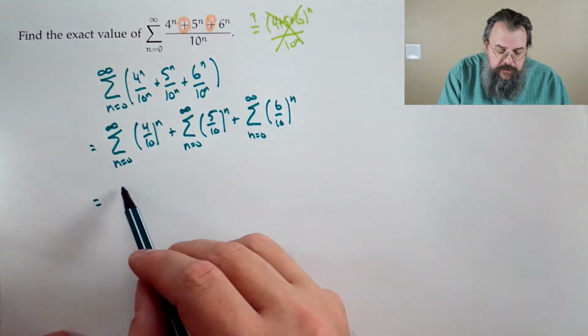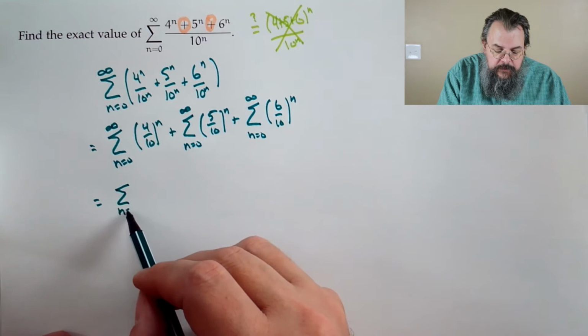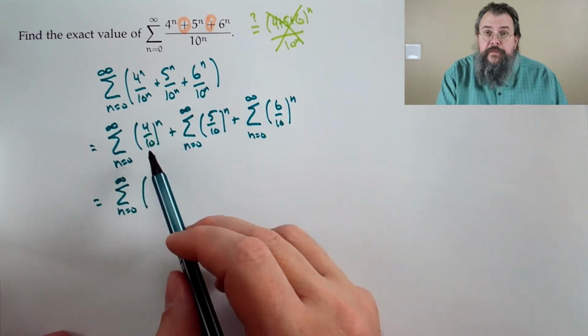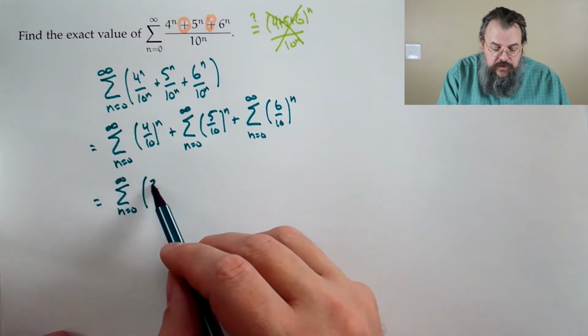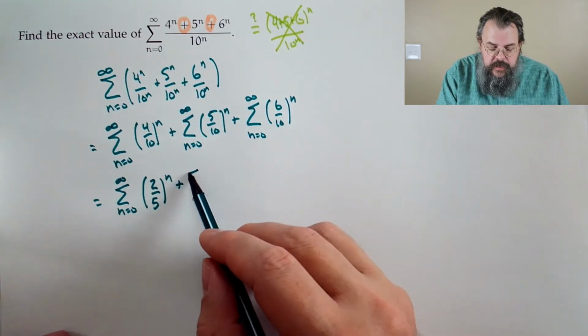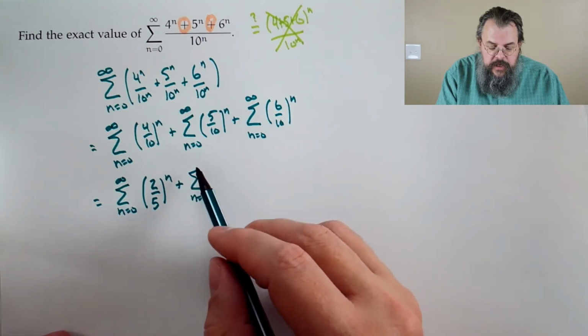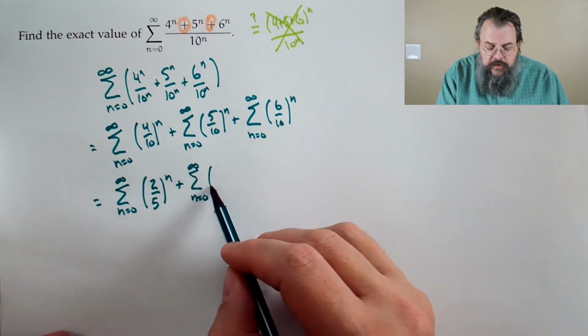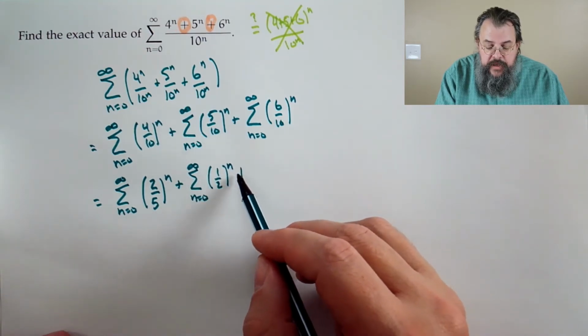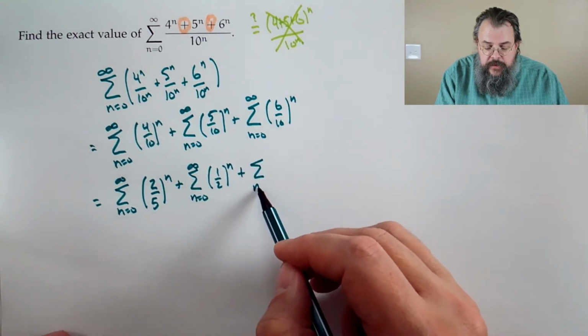Okay, well, let's keep cleaning that up. See, 4 over 10, that can be simplified. They both have factors of 2. So that's 2/5. 5 over 10, well, that's actually really clean. That's also known as a half. And then the last one is what?